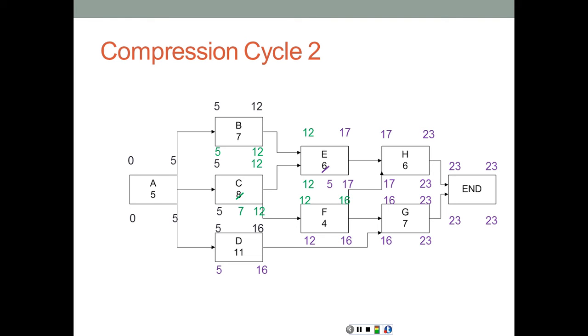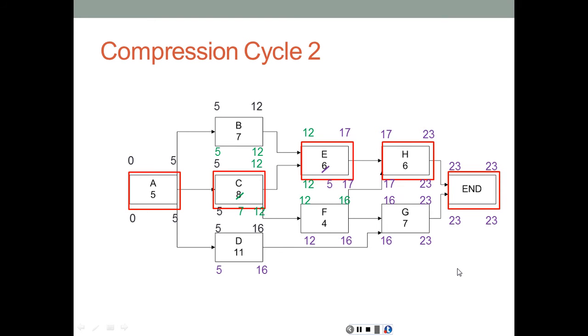And now we can see the new numbers, and it shows clearly that all the other activities have become critical. So here's the original critical path, here's the second critical path, and here's the third critical path. Each one shown in a different color that shows when these activities became critical.